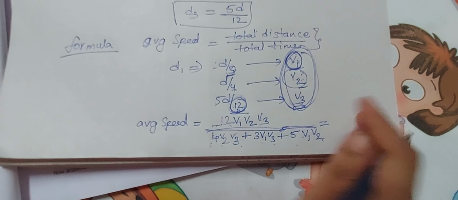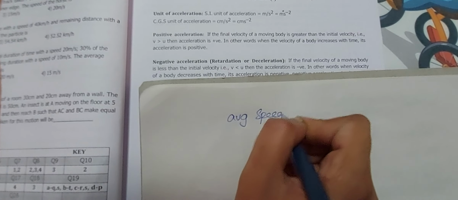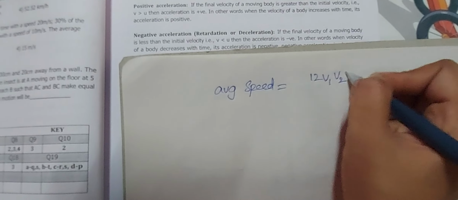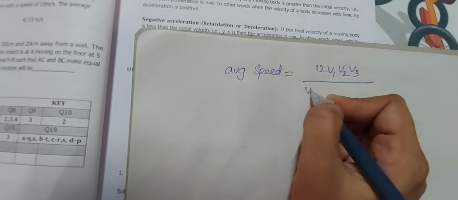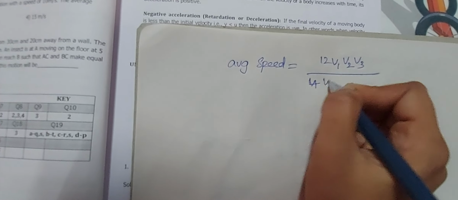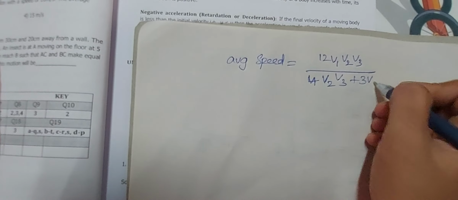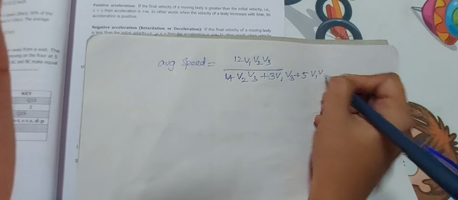So multiply. Let me turn the page. Here we got average speed is equal to what? 12 V1 V2 V3 by what we had? 4 V2 V3 plus 3 V1 V3 plus 5 V1 V2.